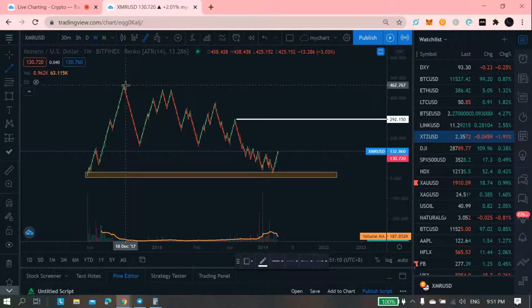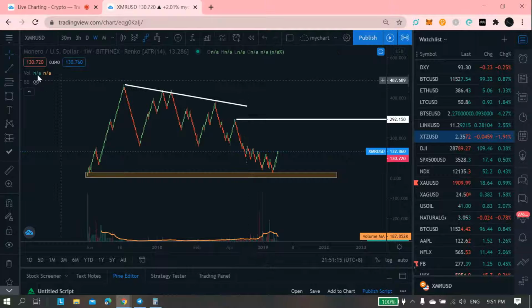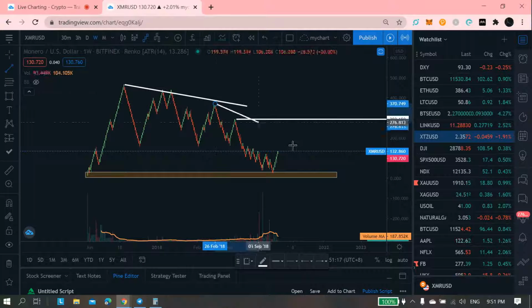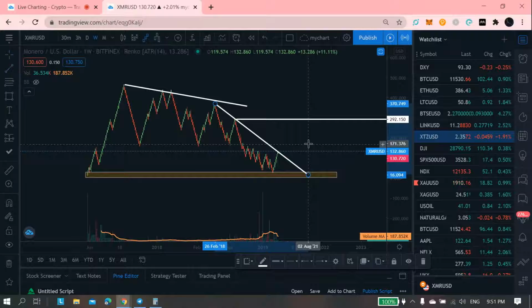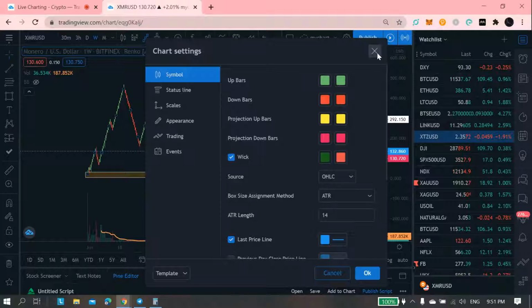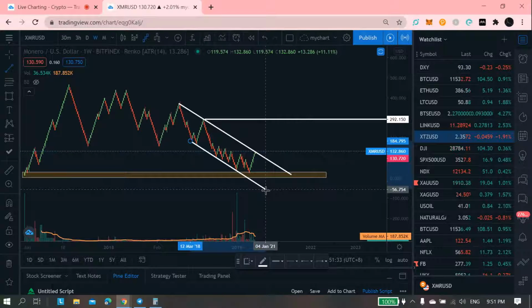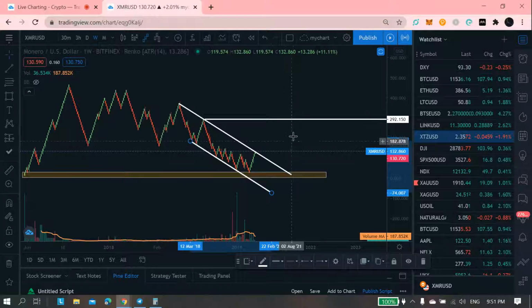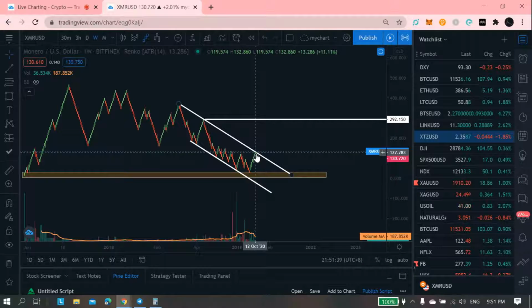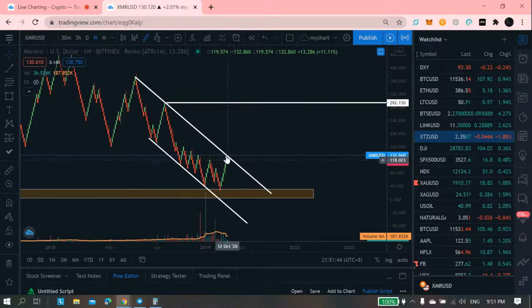This is the highest point. It's also on a downtrend channel, but it seems like it will break out the resistance. So let's see if it breaks out at this area.